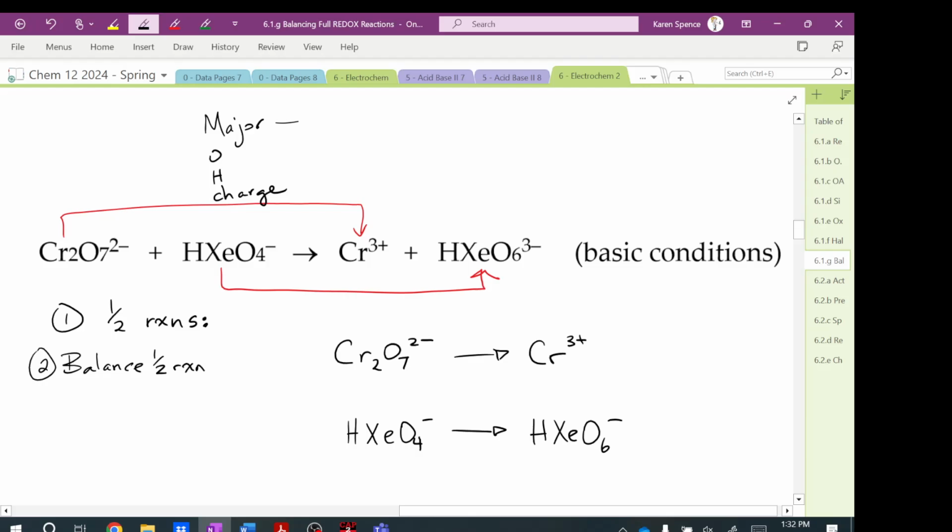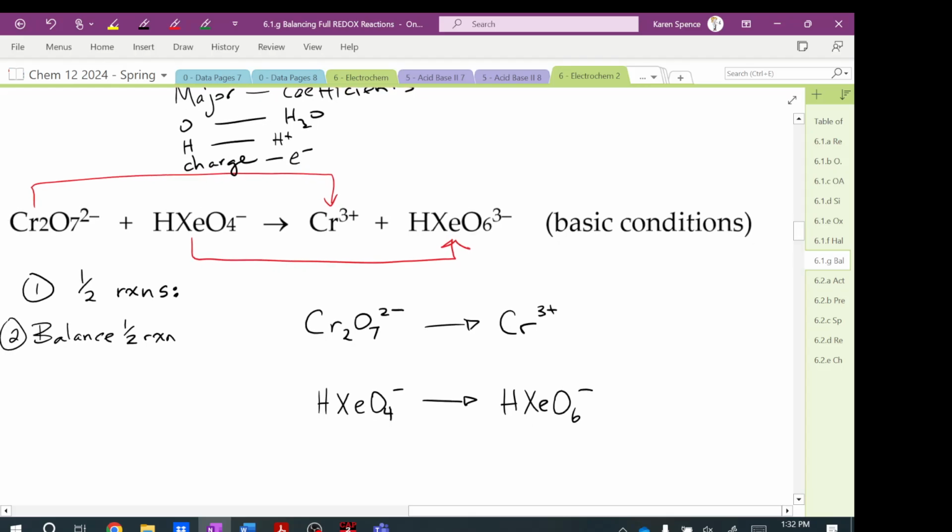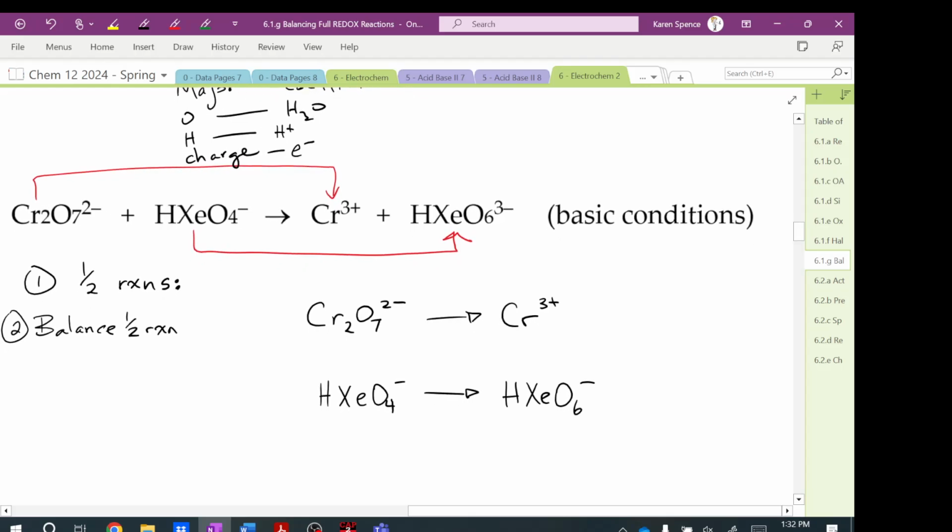We balance the major one with coefficients. We balance oxygen with H2O. We balance hydrogen with H+, and we balance charge with electrons. Okay. And I'm going to do this all in one line. I'm not going to write out every single step in a different line this time.